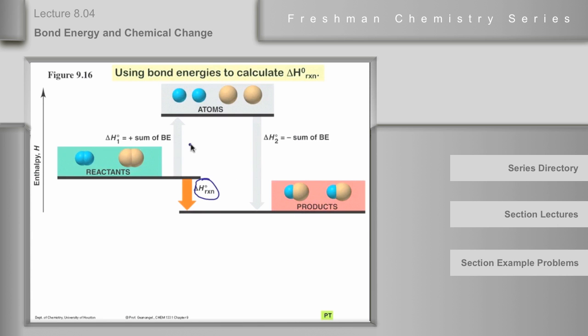Now, Hess's principles can be used to figure out a way to get this number without carrying out the calorimetry or some other route.